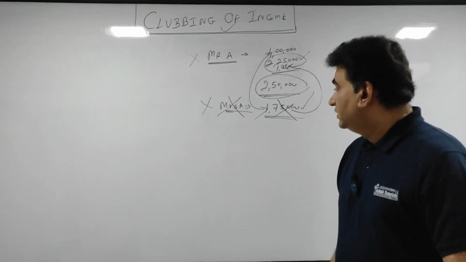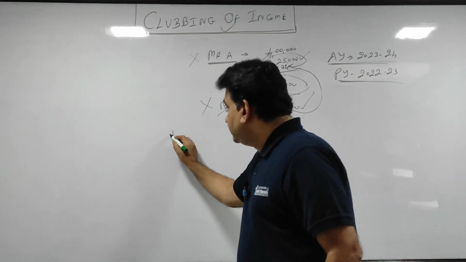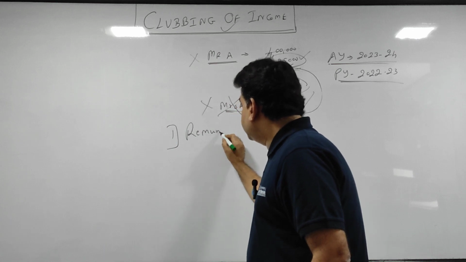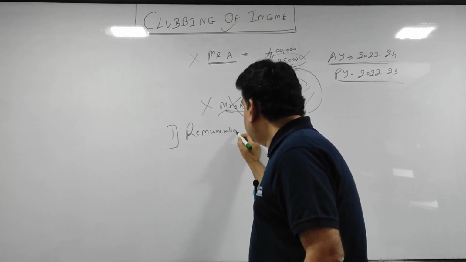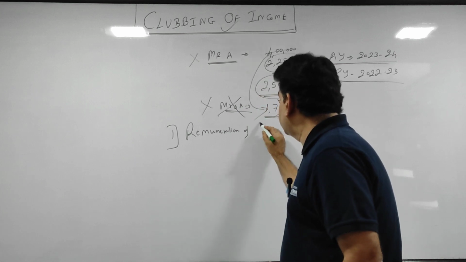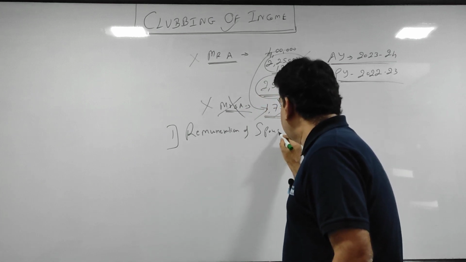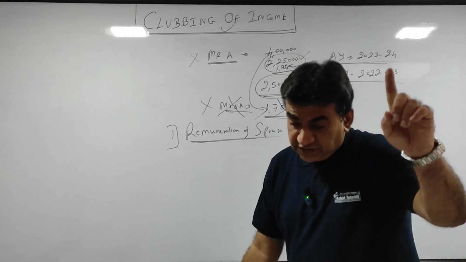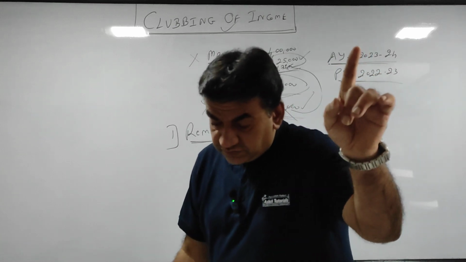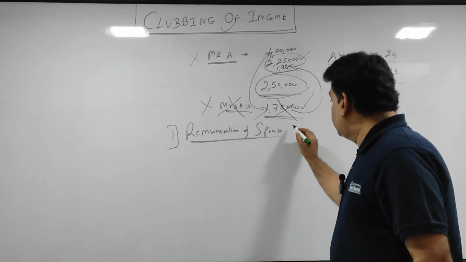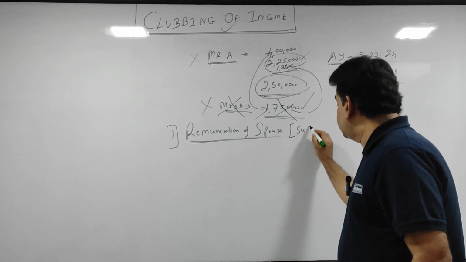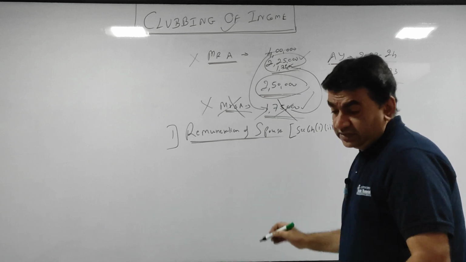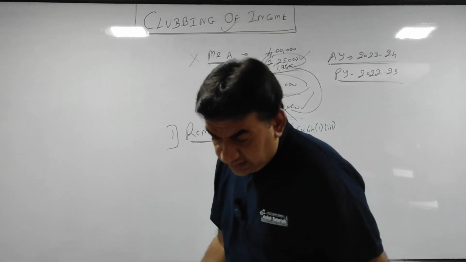So now, starting with the first part of clubbing, that is remuneration of spouse. Remuneration of spouse. Now listen guys, first page पे देखो, remuneration of spouse. Now they have given you brackets में section 64, that is 1-3, correct?